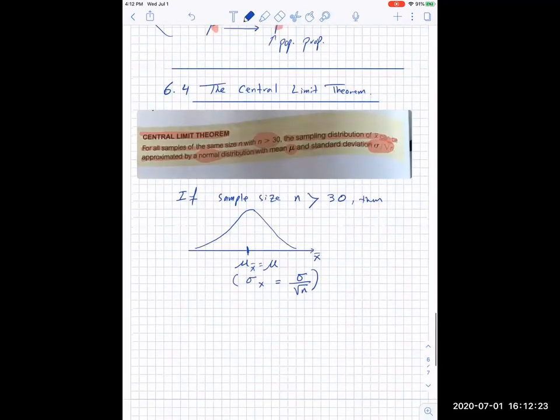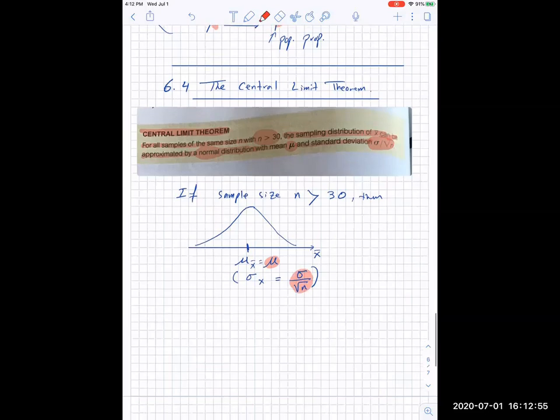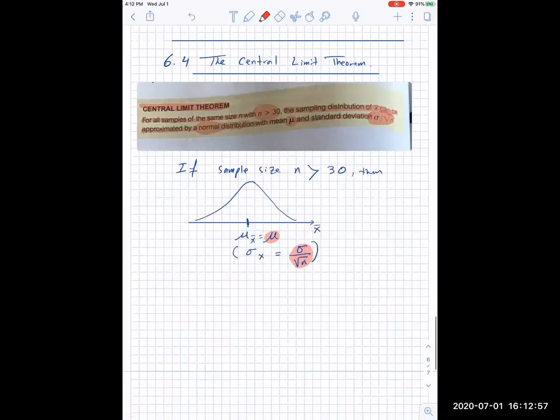Okay, so as long as the sample size is greater than 30, we can say that the sampling distribution of the sample mean is a normal distribution with a mean equal to mu, the population mean, and the standard deviation of this sampling distribution is the population standard deviation divided by the square root of n.